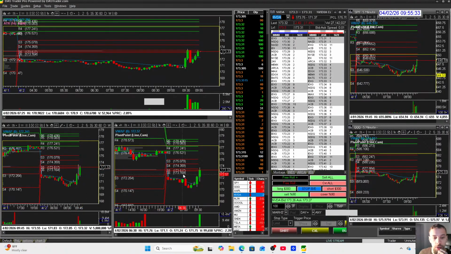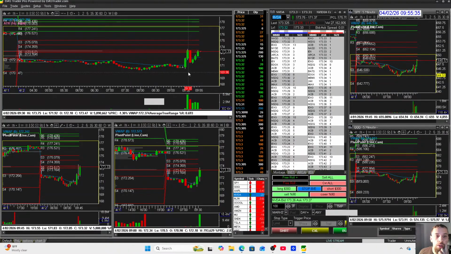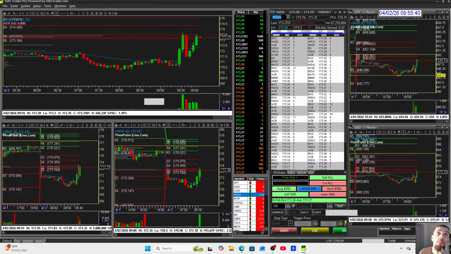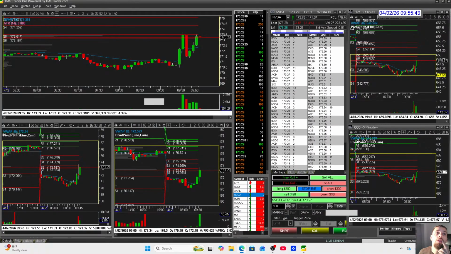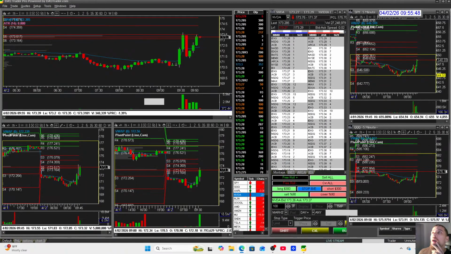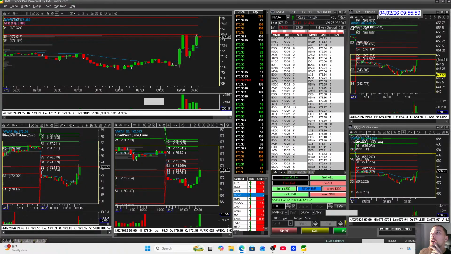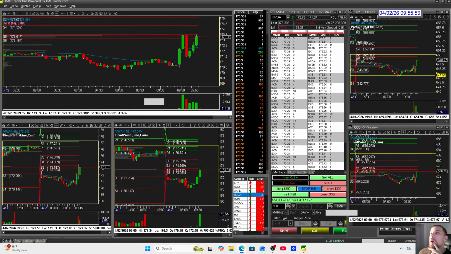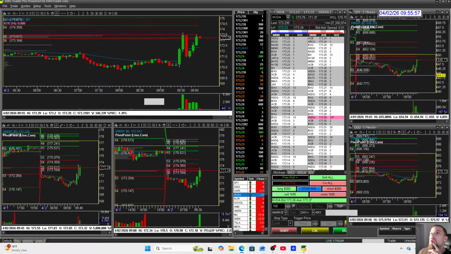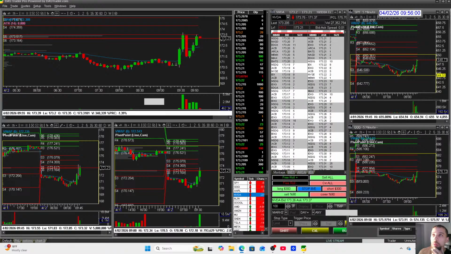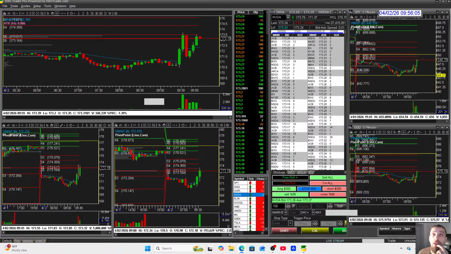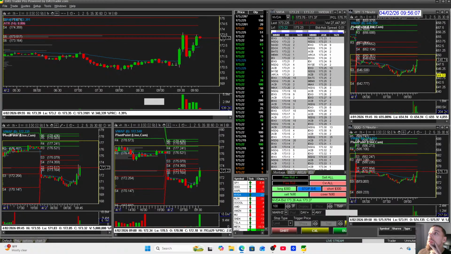Big indecision candle. Checking the double top right now, testing S5, S6. Really big levels at 170 and 180. Those are really far away though.